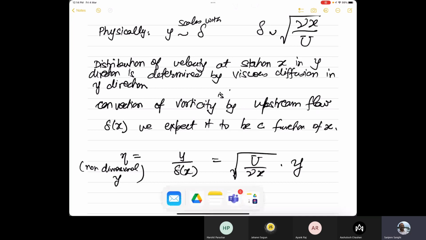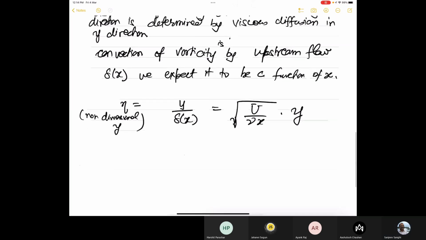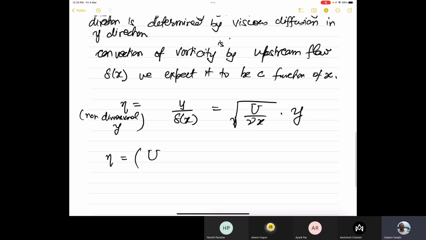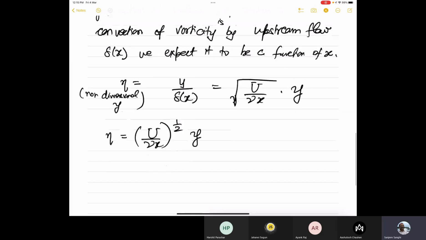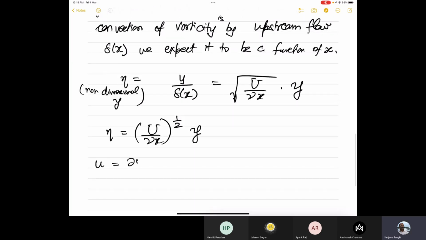So eta is equal to capital U by nu x to the power of half, times y. Now u is equal to partial psi by partial y, and v is equal to minus partial psi by partial x.